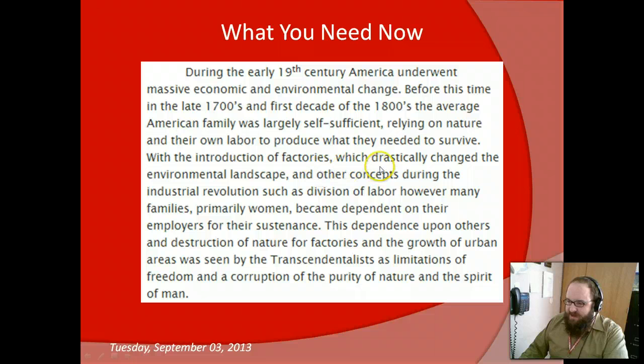With the introduction of factories, which drastically changed the environmental landscape, and other concepts during the Industrial Revolution, such as division of labor, however, many families, primarily women, became dependent on their employers for their sustenance. That's a little confusing in there, it's just a syntactic problem. This dependence upon others and destruction of nature for factories and the growth of urban areas was seen by the transcendentalists as limitations of freedom and a corruption of the purity of nature and the spirit of man.